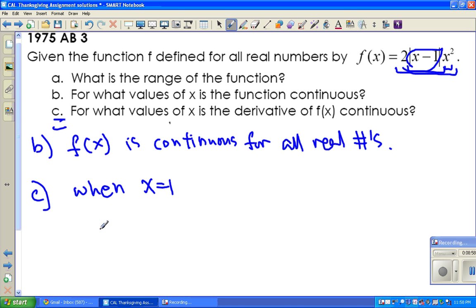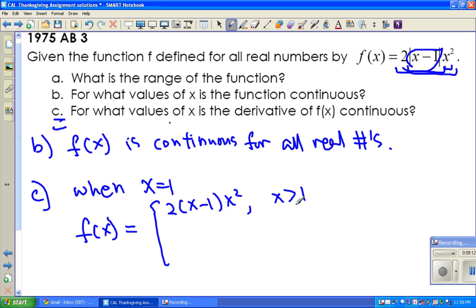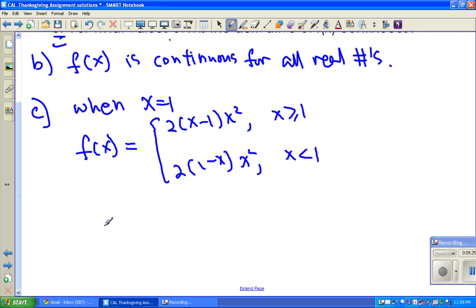So, one thing that we get to realize is this: f of x can be written in this way, as a piecewise function, where 2 times x minus 1, as it is, times x squared, if x is greater than 1, or we can say greater than or equal to 1. But on the other hand, we will have 1 minus x squared if x is less than 1. Let us try to find the derivative of each side and see what happens.